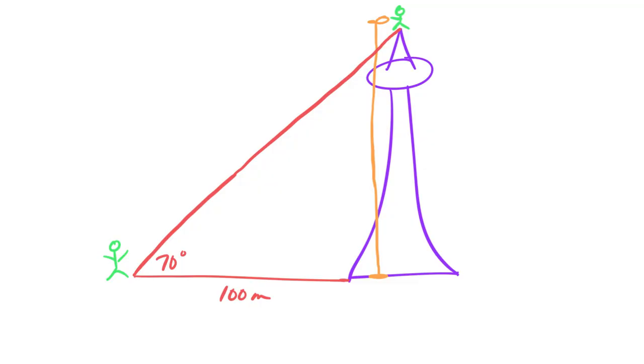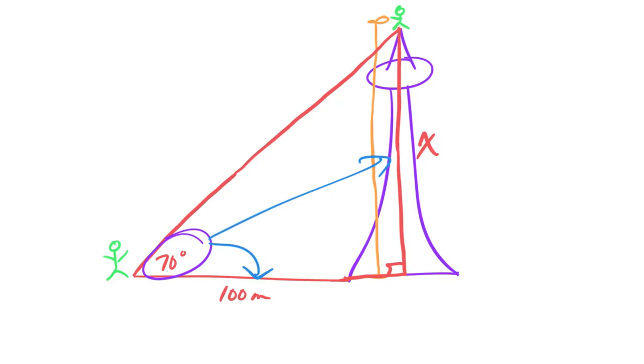Well, if I know how far I am away from an object, and I know this angle of elevation to get to the top, then that vertical object forms a right triangle. So look what you got. If I want to solve for x, then from that angle, I have the opposite side and the adjacent side.